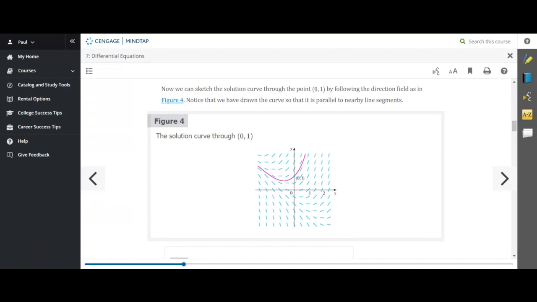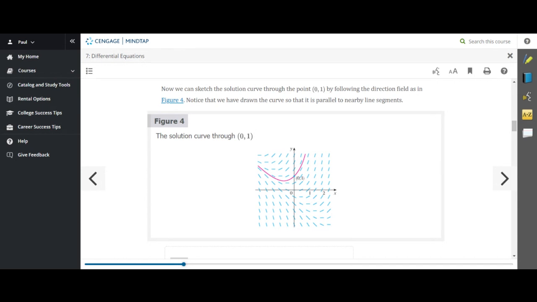Along the line y equals negative x, the tangent lines are horizontal. Do you see that in the direction field? Maybe give me a thumbs up if you're seeing that. Sean sees that. And Nicole. Okay, and Leping. All right, good.